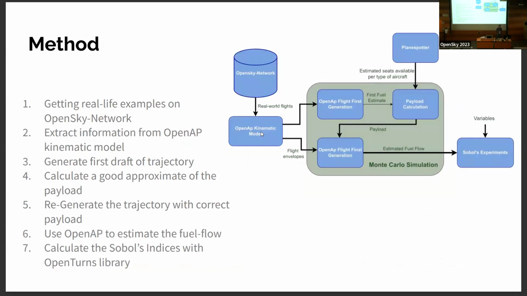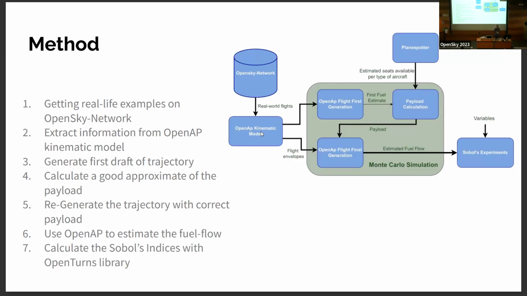So the method that we used is that we tried to get real-life example trajectories from OpenSky. So mostly it was pair airports. And from that, we extract information from the OpenAP kinematic model that was called RAP before, I think. And from that, we get the flight envelopes.